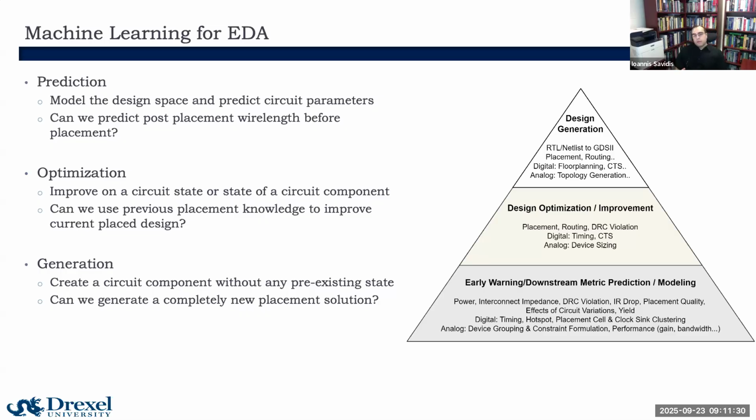And then at the top of the pyramid is generation. This is one of the most advanced levels. There's a fine line between what defines generation, but this basically uses ML to create new circuit components or layouts from scratch without relying on existing templates. One example could be, can we generate an entirely new amplifier topology with better characteristics than currently available?